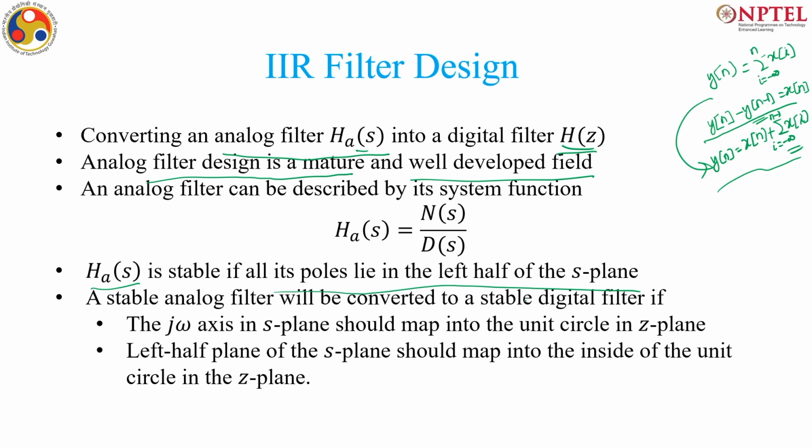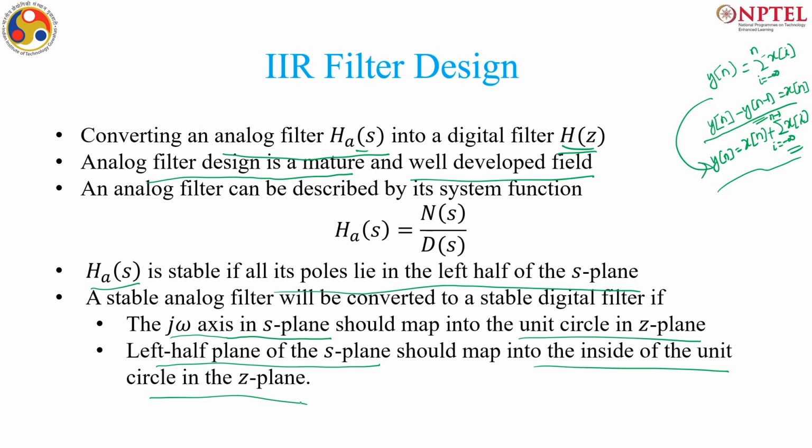So, in the digital domain it will also be stable if the j omega axis in the s plane is mapped onto the unit circle, and second, the left half of the s plane, because these are the values where, if the poles lie there, the system is stable, should be mapped to the inside of the unit circle.